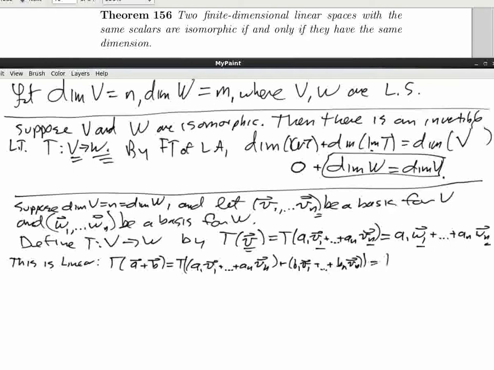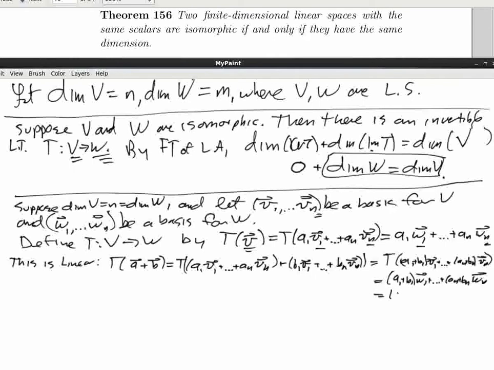Well, that's equal to T of (A1 plus B1) V1 plus dot dot dot plus (AN plus BN) VN. By definition of T, this is just (A1 plus B1) W1 plus dot dot dot plus (AN plus BN) WN.